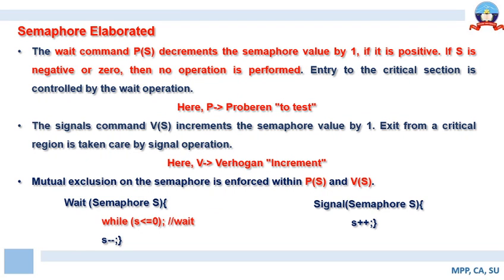Likewise, signal. What does signal do? Signal will simply increment the value of semaphore by 1, signifying the exit or releasing the use of the shared resources. This is the way wait and signal functions perform their operation.